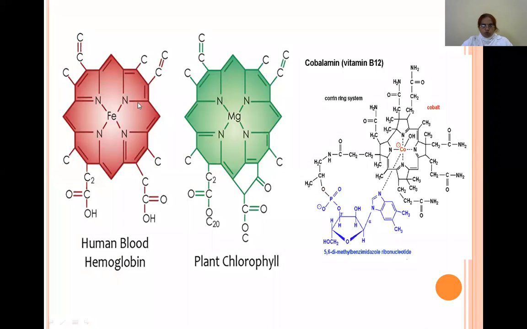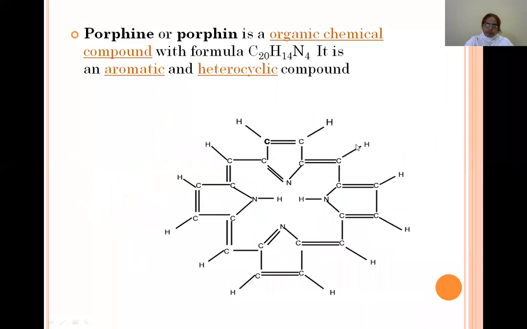Human blood contains hemoglobin with heme porphyrin; plant chlorophyll contains magnesium; and vitamin B12, that is cobalamin, contains cobalt.